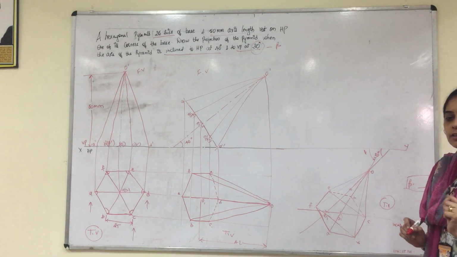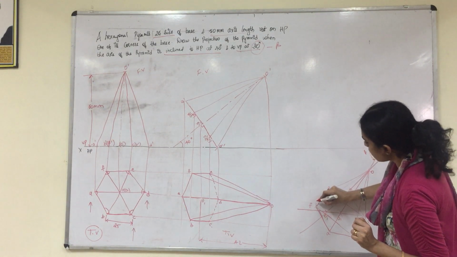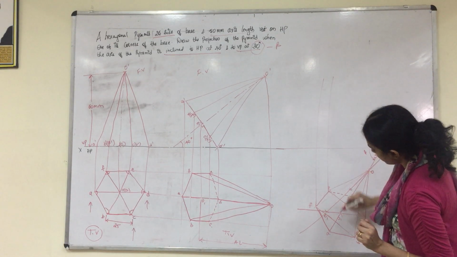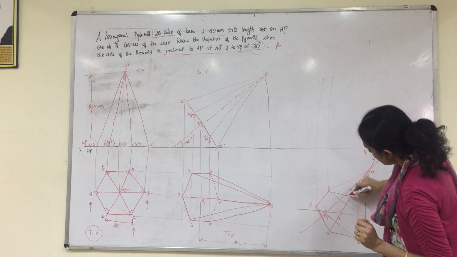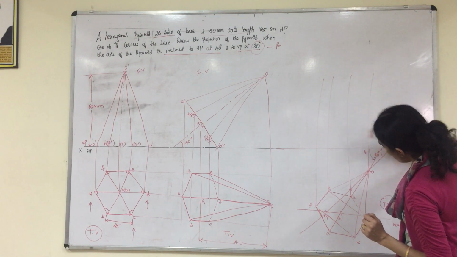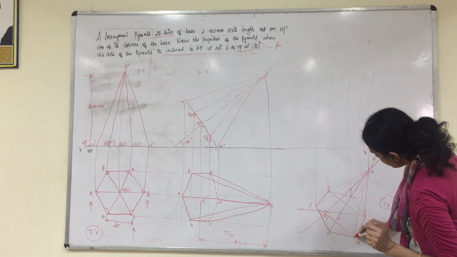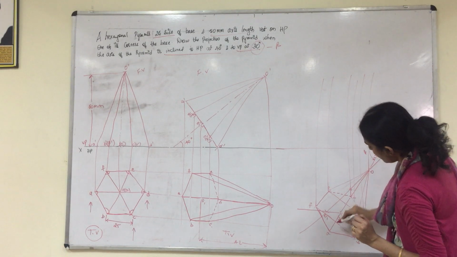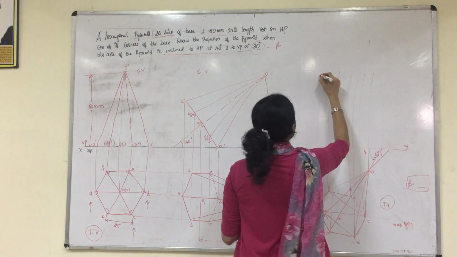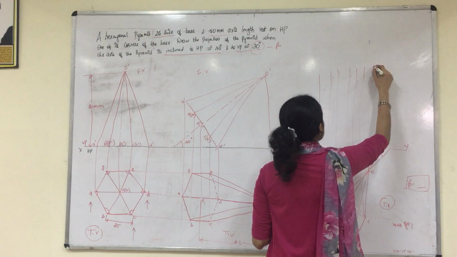So once this is done, now it's our work to take the projection above. So please take the projection from each and every point. So from F, from E, from D, from O, from C, B and A, please draw it parallelly.